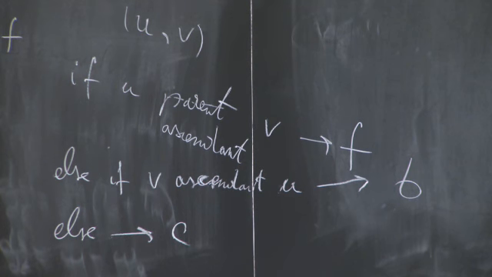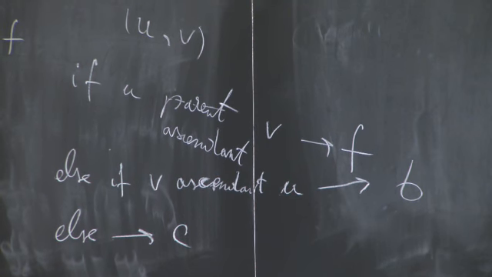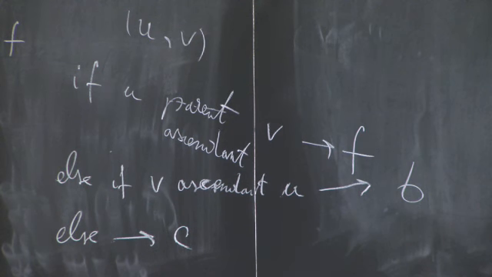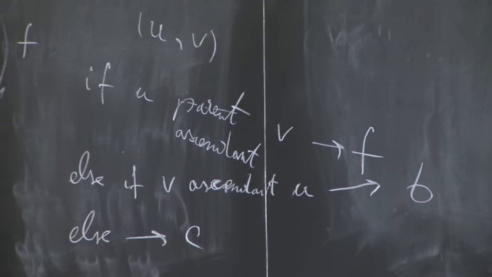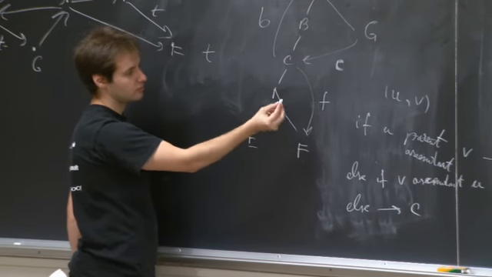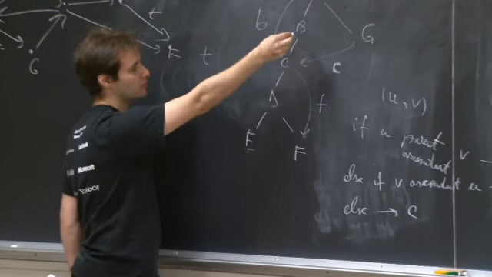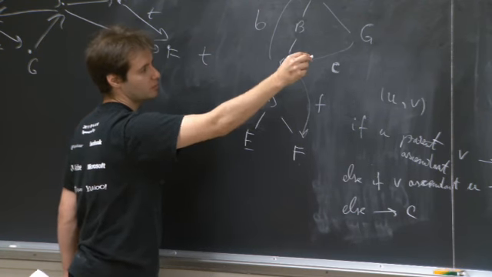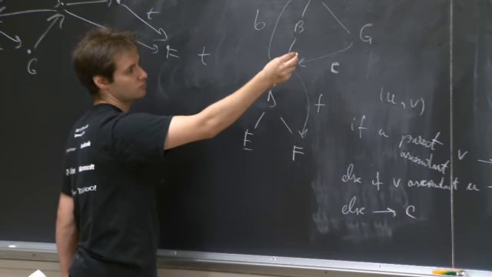Does this make sense? So these are the four types of edges. If DFS takes the edge, it's a tree edge. If not, we draw the DFS tree and we see, does the edge go forward in the tree? Forward edge. Does it go backward? Backward edge. Does it go between completely unrelated nodes? Cross edge.